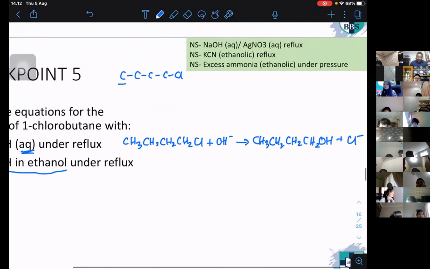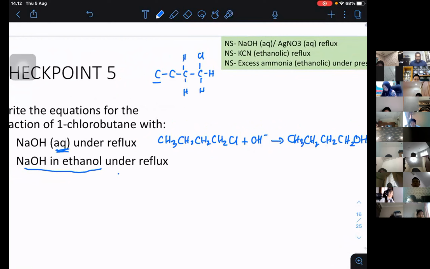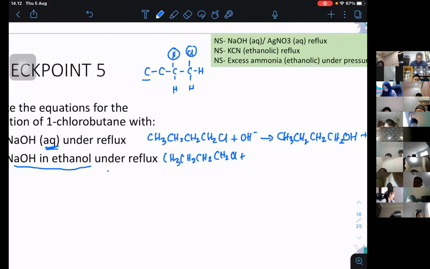Now, when it comes to elimination, I suggest you put the Cl over here so that it's easier to be seen. Hydrogen, hydrogen. Maybe I just put another hydrogen over here. What will happen? The hydrogen and the Cl will go out, and you will get a double bond. So the same thing as earlier, CH3, CH2, CH2, CH2Cl, plus, in this case, NaOH.